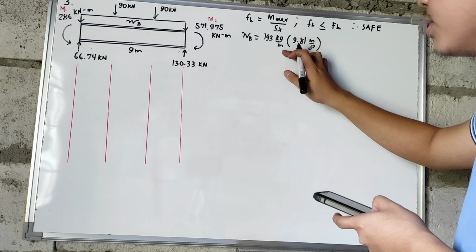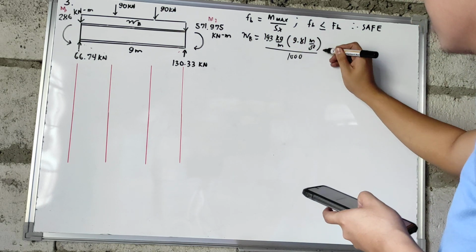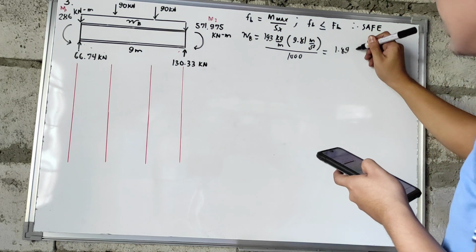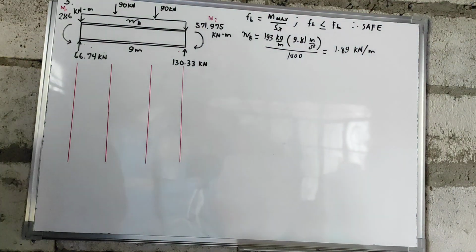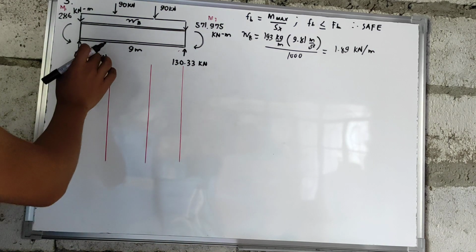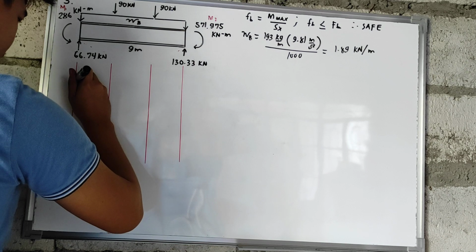So, magiging Newton per meter. Divide natin by 1,000 para maging kilonewton per meter. So, we have a value of 1.89 kilonewton per meter. Since meron tayong 66, matataas tayo dito ng 66.